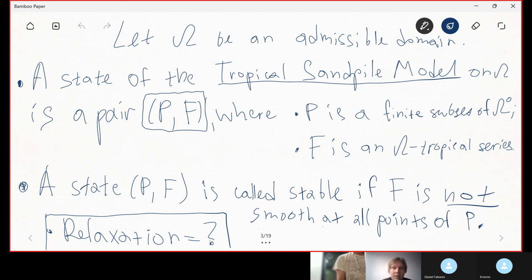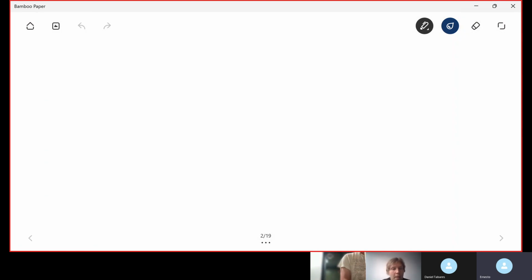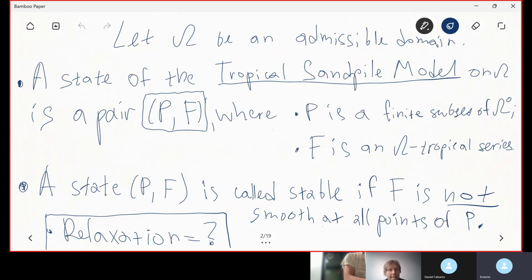Okay, to do that, we need some technical preparation. Just a little comment on the previous slide. For categorical, silly reasons, it would be allowed for me to say it's called stable if F is not linear at all points of P. It's exactly the same thing. We don't really need to go to the smooth category.